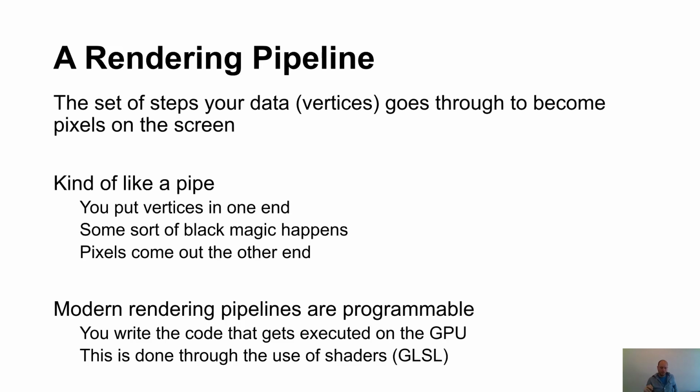What's really unique about modern pipelines is that they're programmable. So you actually get to run applications at each stage of that pipeline. At each stage of that assembly line, you get to say, okay, here are the vertices, here's what we do to them, here's how we render them, and then here's how we render the buffer. We'll dig into each one of those stages pretty soon.